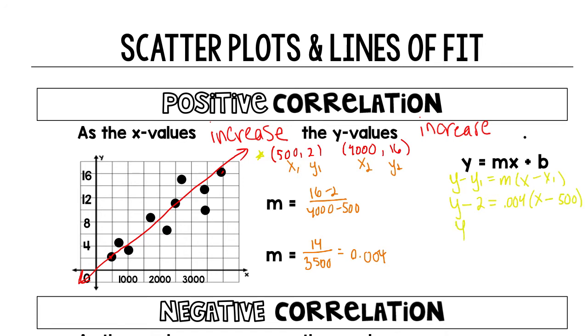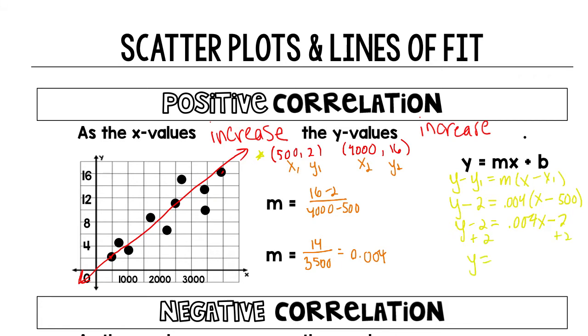We do a little distributing. Y minus 2 equals 0.004x minus 0.004 times 500, and that equals 2. Now we want to get y alone, so we add 2 to each side.